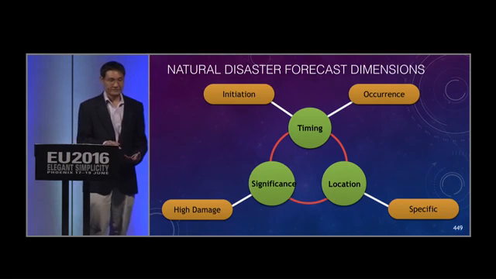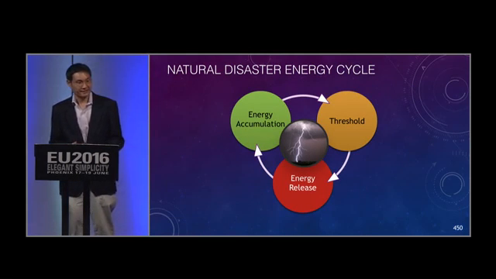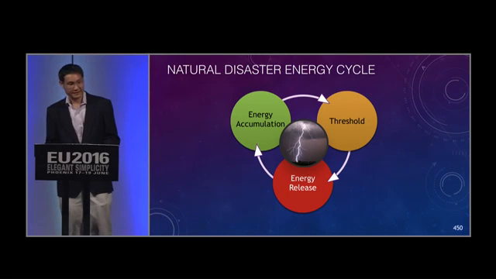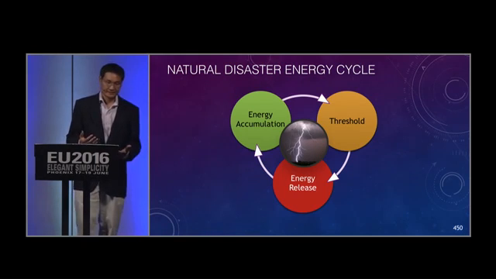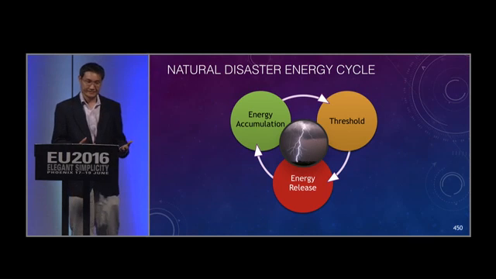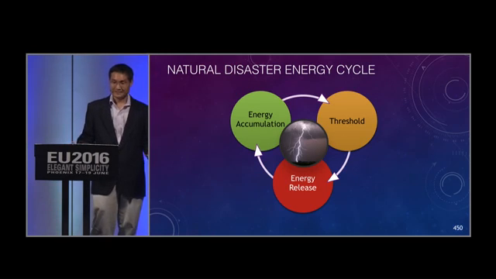So next, we want to implement the basic understanding of electricity and apply it to natural disaster forecasts. The simplest way to look at natural disaster is that it has to happen for a reason, and it needs some energy accumulation to happen before something can occur.